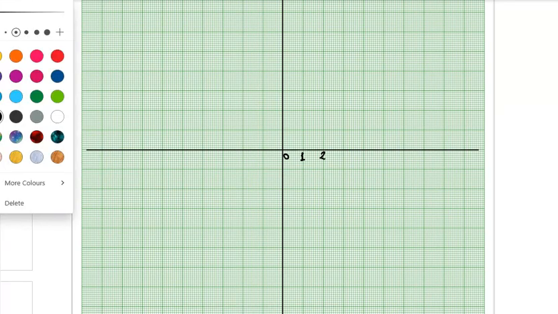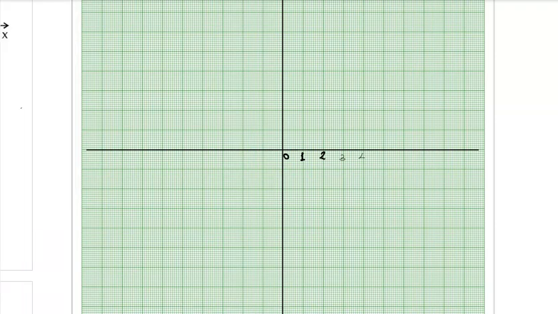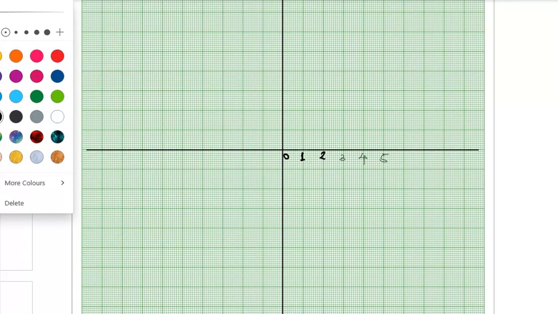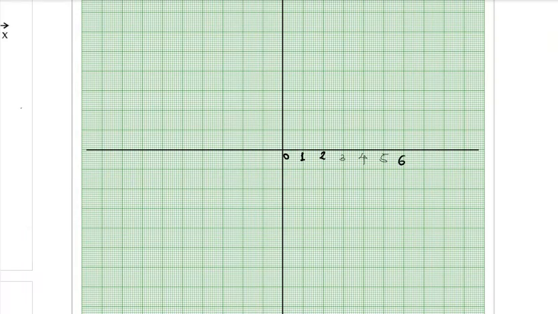Okay, so this point is 0, which is your origin. Then this is 1, then 2. Let me make my pen a little thinner. Okay, this is 3, this is 4, 5, 6, 7, 8, 9.